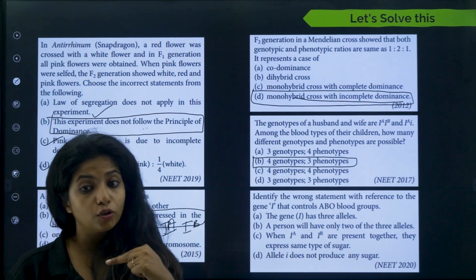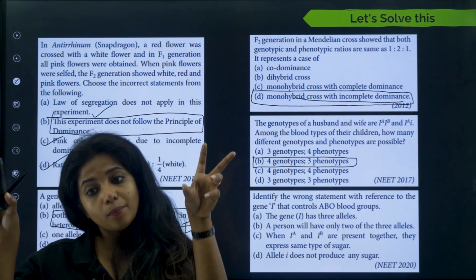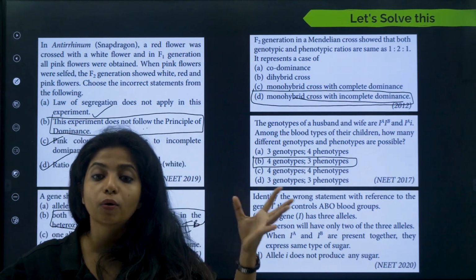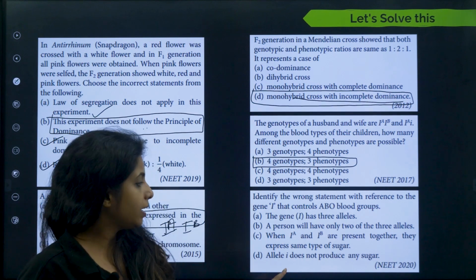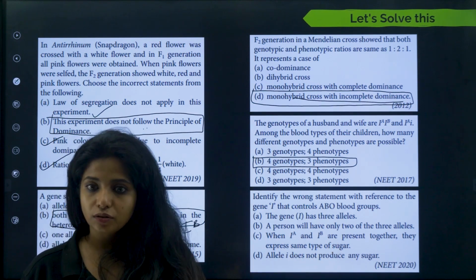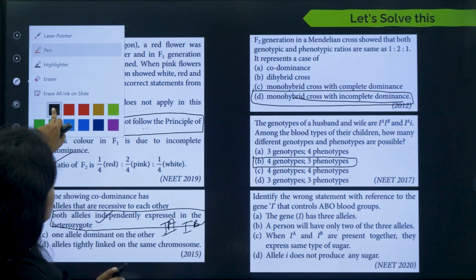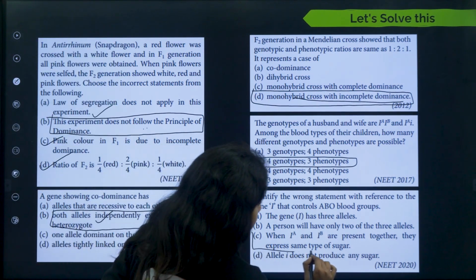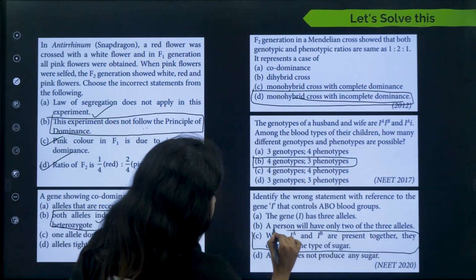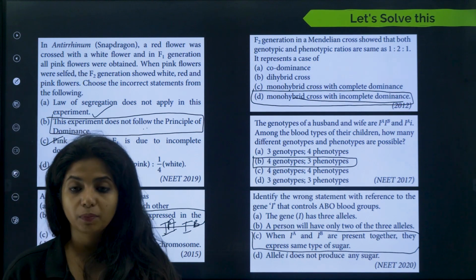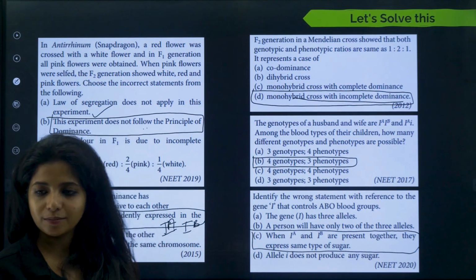No, they show different types of sugar, and both the sugars are there, which is why we say they are co-dominant over each other. Allele i does not produce any sugar? Yes, small i allele does not produce any sugar. Basically IO is not producing any sugar. It is this statement that is incorrect. They are not expressing the same type of sugar, they are expressing different types of sugar.